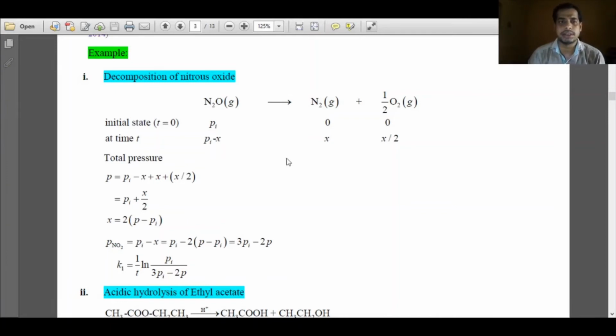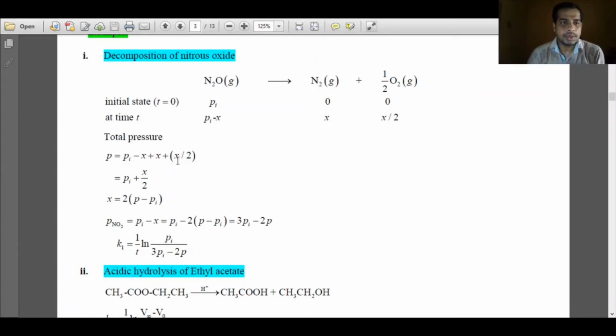Suppose at zero time, or at the start of the reaction, the partial pressure was Pi for nitrous oxide, and for nitrogen gas and oxygen gas there was no initial concentration, so the partial pressure is 0. After some time, the partial pressure of nitrous oxide has reduced to Pi minus x, and x is the pressure that is created by nitrogen gas and oxygen gas.